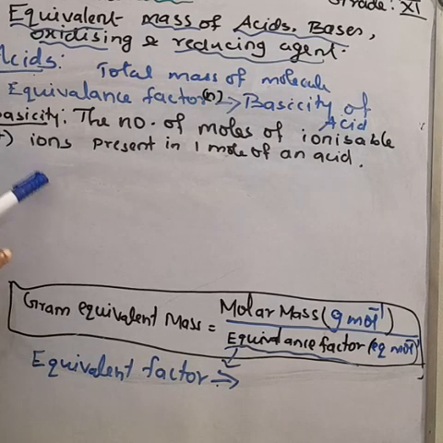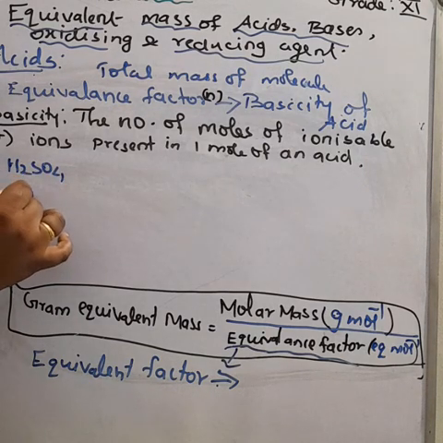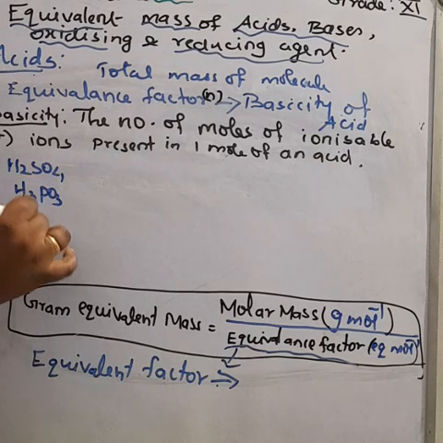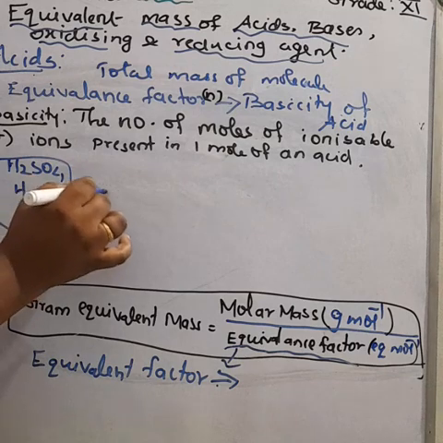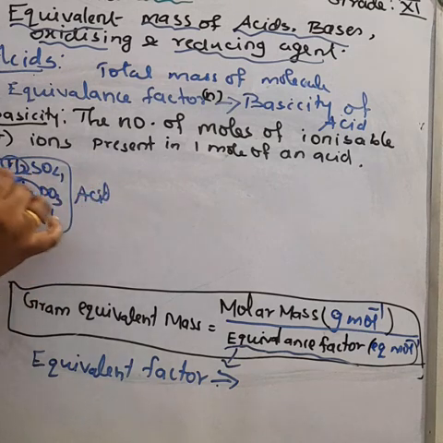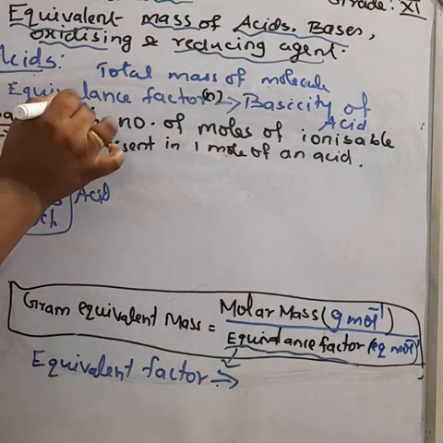Understood? So basicity of an acid means how many H plus ions are present.